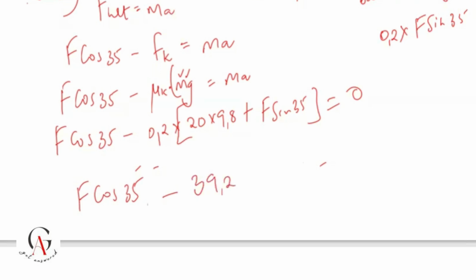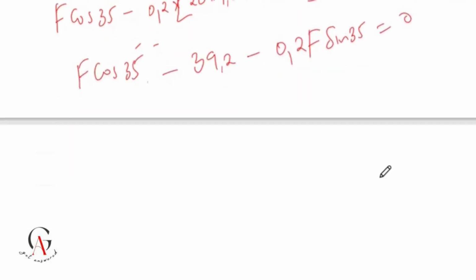And then if we open that up, we're going to subtract. What is 0,2 times sine of 35? That's going to give us 0,11. But why don't I just leave it the way it was? Just to say 0,2 F sine of 35 is equal to 0. Okay, so I'm going to move the 39,2 to that side and then subtract this.